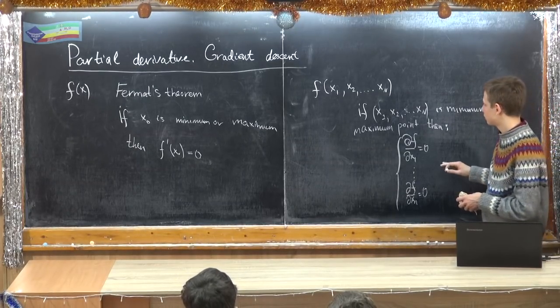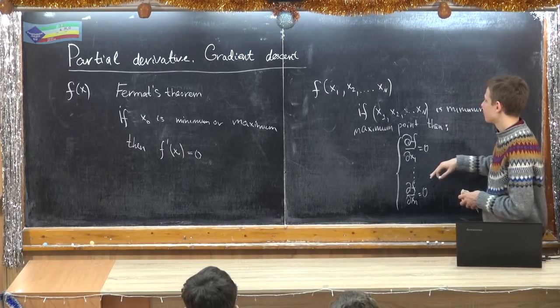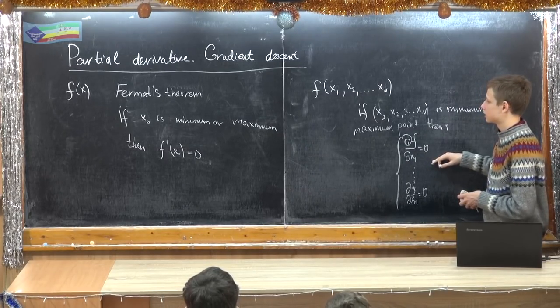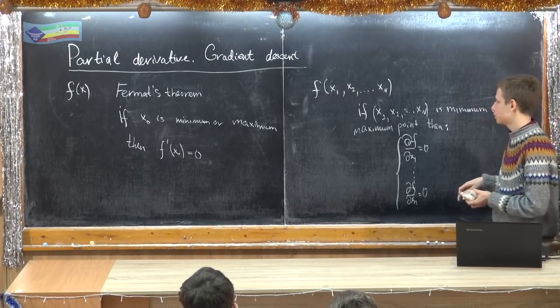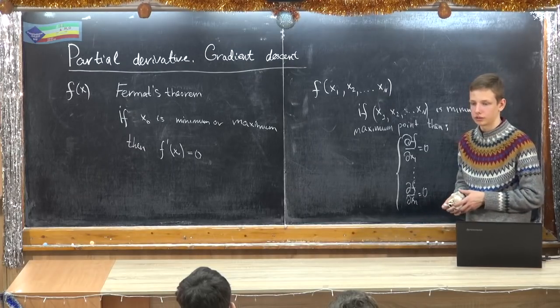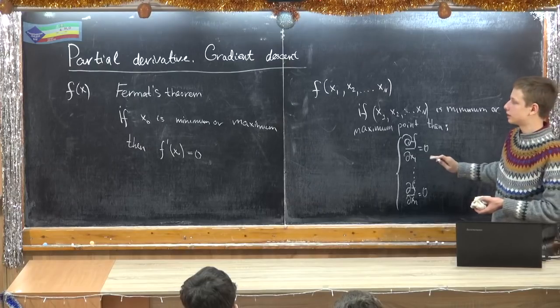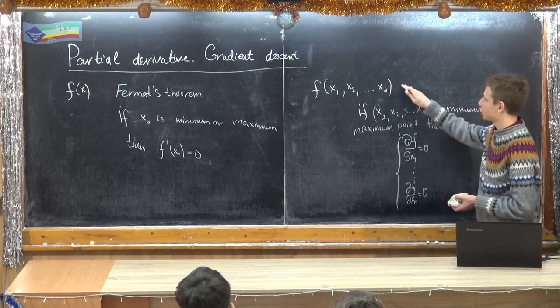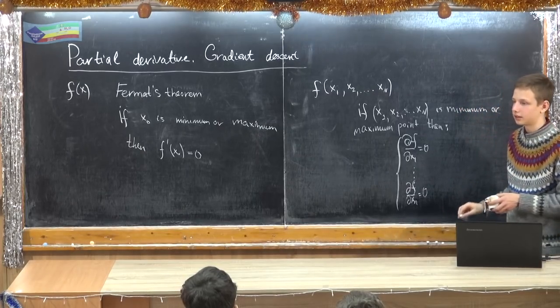If we had, for example, too many variables and not so many equations, then we could not solve it. But that means that we can actually find exact points, exact numbers where a function has minimum or maximum points, or a saddle point.